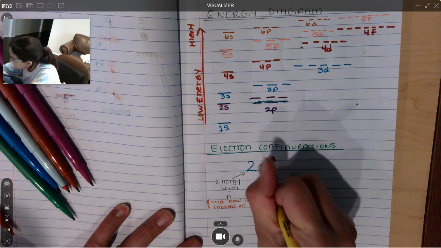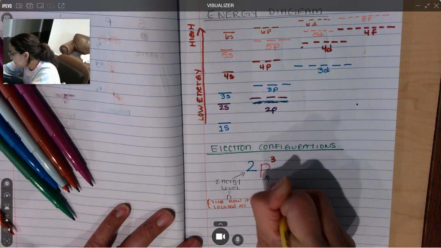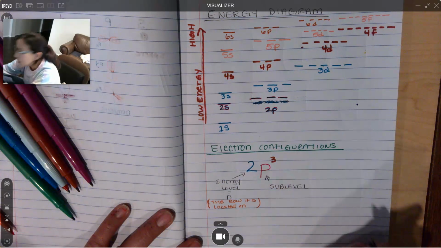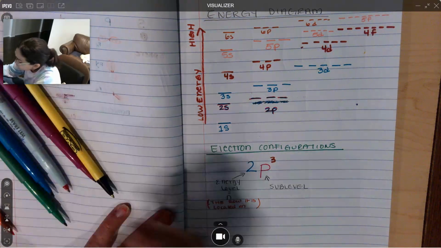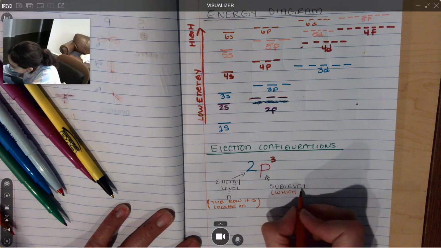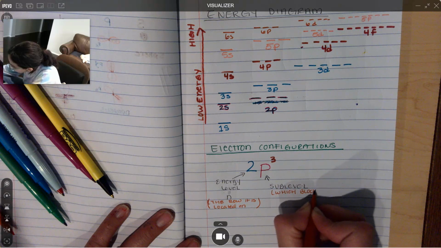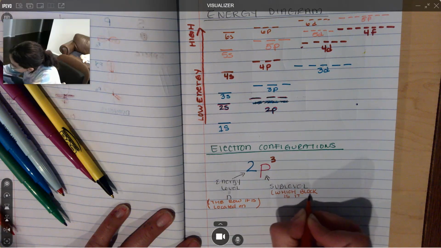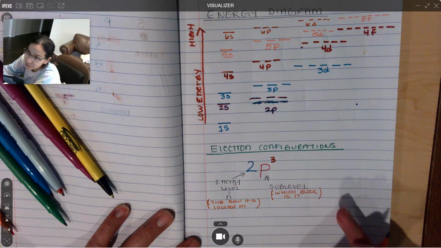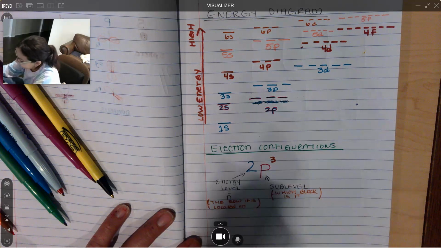The p represents the sublevel. So the sublevel is which block is it in? Which block on the periodic table? Kind of like saying, are you on apartment A, B, C, or D? And I'm saying I'm in apartment p.